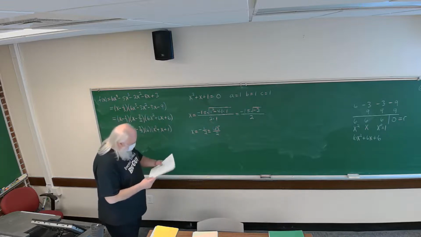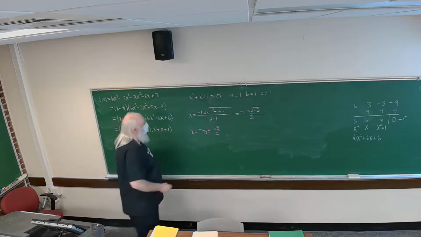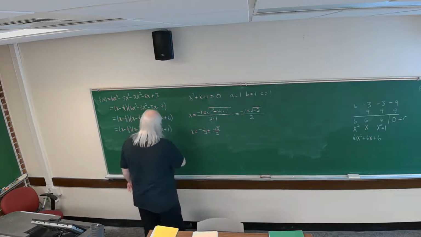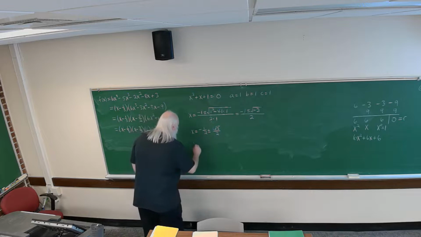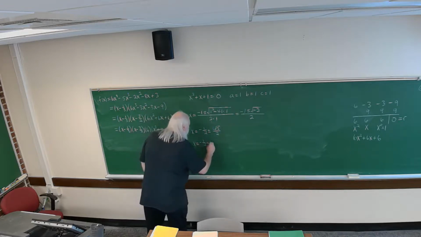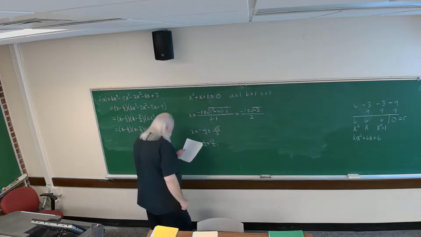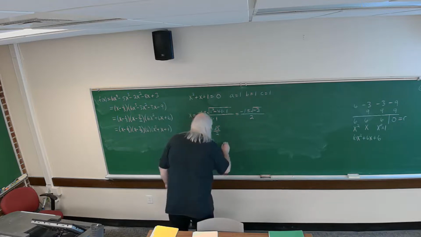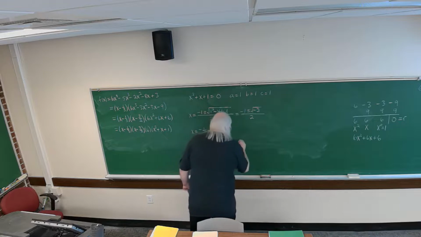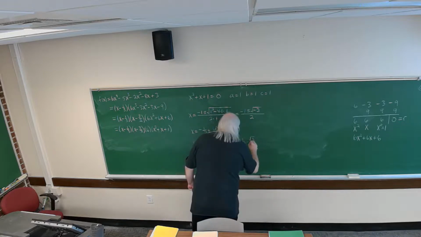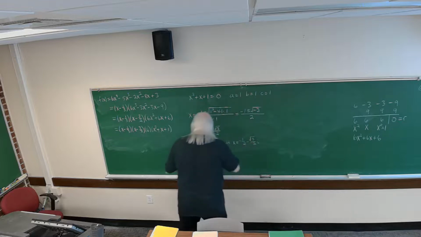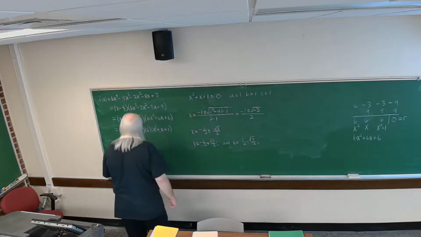So the two zeros from this factor, x squared plus x plus 1, are x equals minus 1/2 plus square root of 3 over 2 i, and x equals minus 1/2 minus square root of 3 over 2 i. Those are the last two zeros.